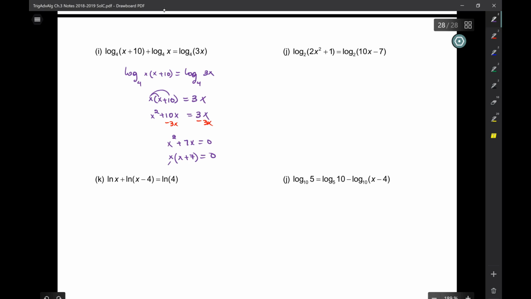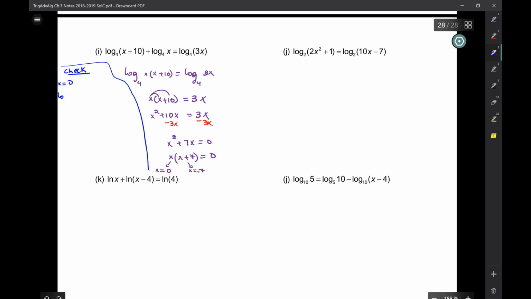So how much is x? 0 and negative 7. Okay, let's check these. So x equals 0, right?